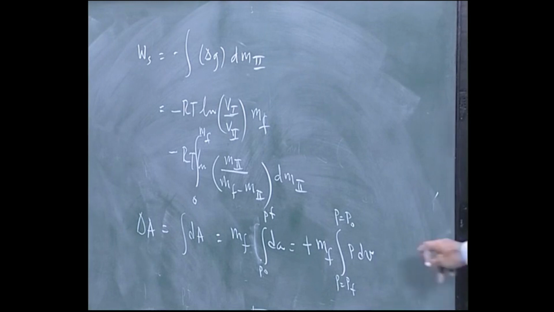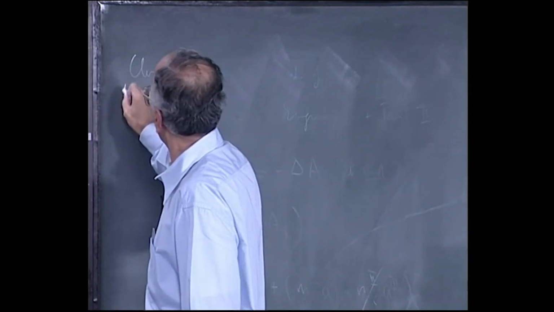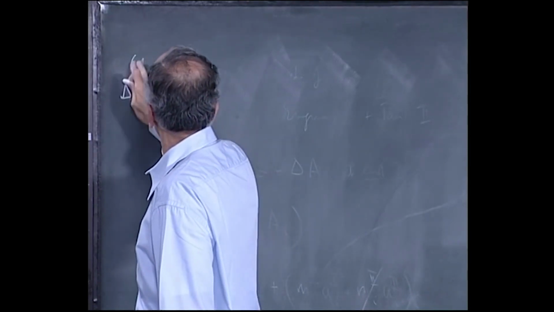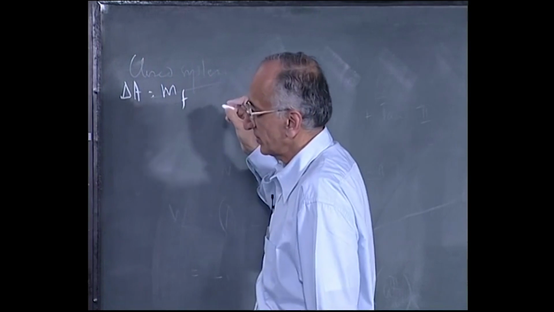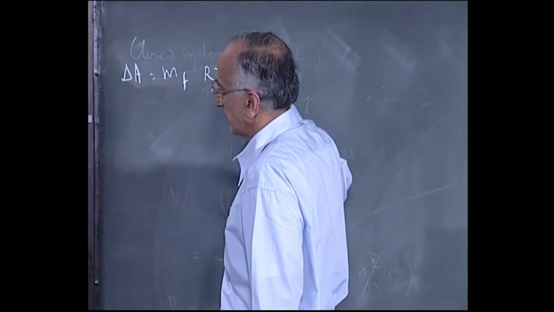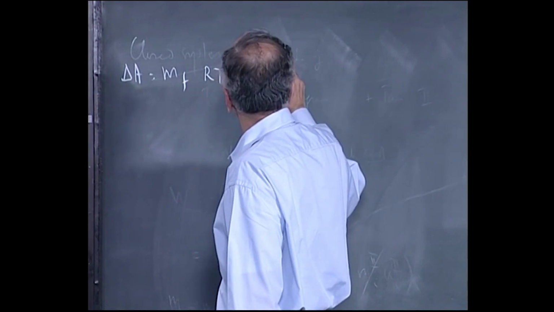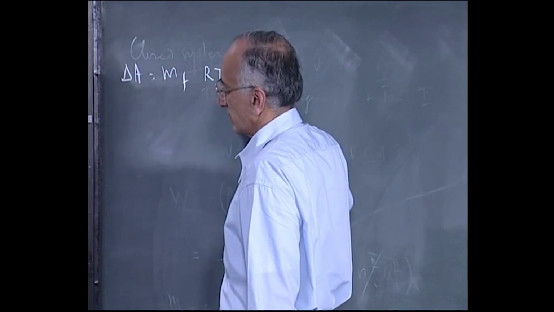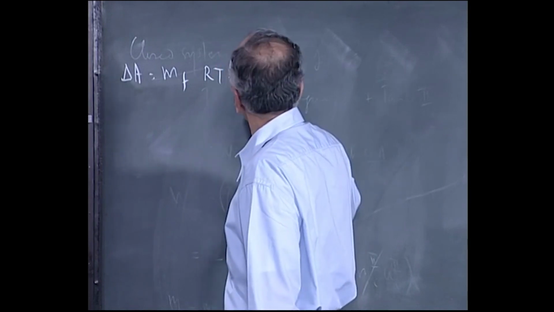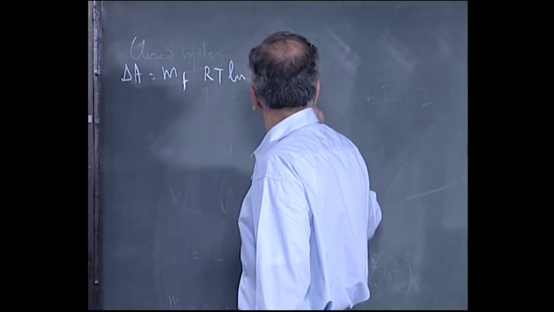So this again is RT by V, so you get MF or delta A is equal to MF into RT ln V initial by V final.